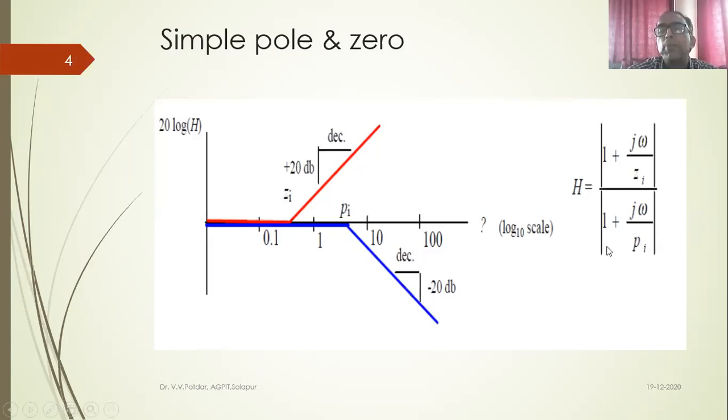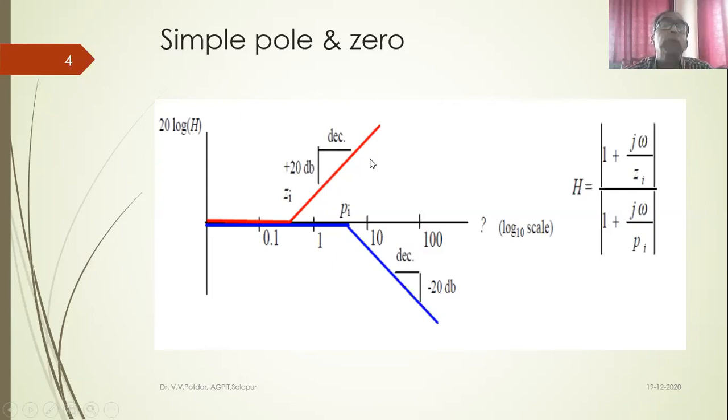So for simple pole, I have got a slope of minus 20 decibel per decade. And for a simple zero, I have got a straight line of slope plus 20 decibel per decade. So these things you have to remember, friends. For simple zero of a transfer function, I'll be having a magnitude plot as a straight line of slope plus 20 decibel per decade. So these could be the questions for your MCQ regarding Bode plot.